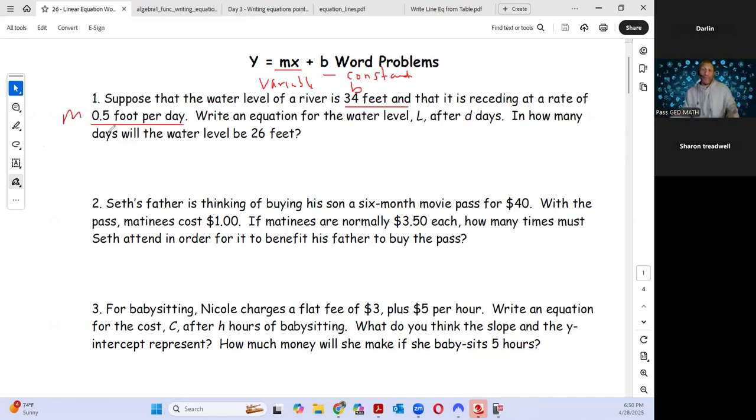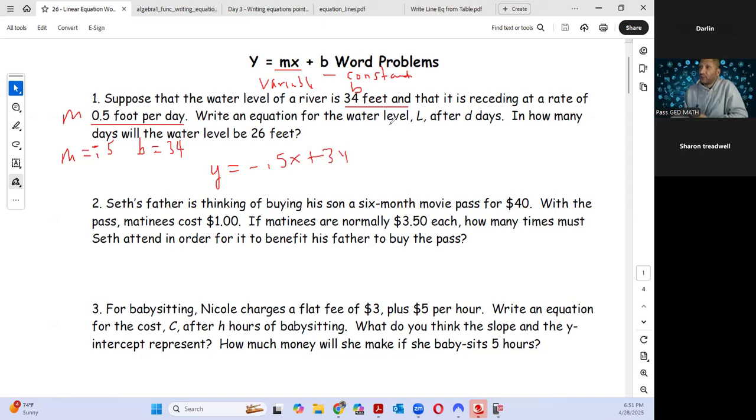So if m is negative 0.5 and b is 34, what would my equation of the line be? It's going to be y equals negative 0.5x plus 34.